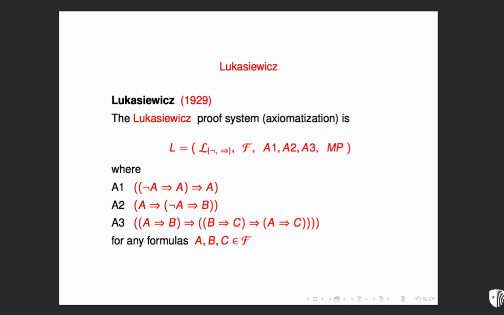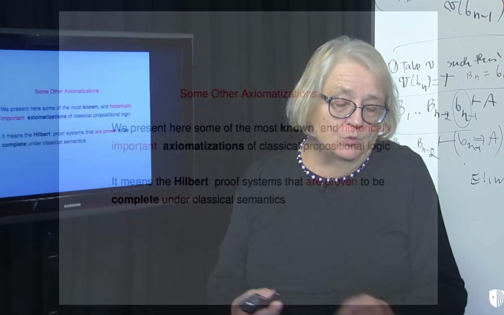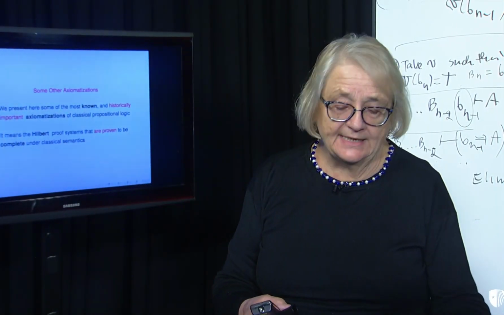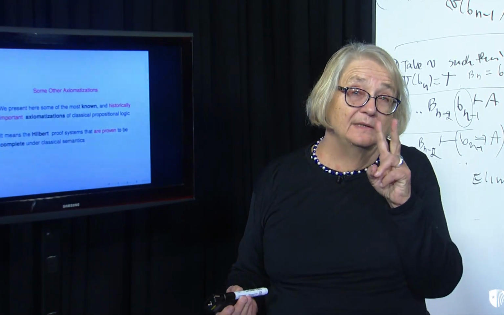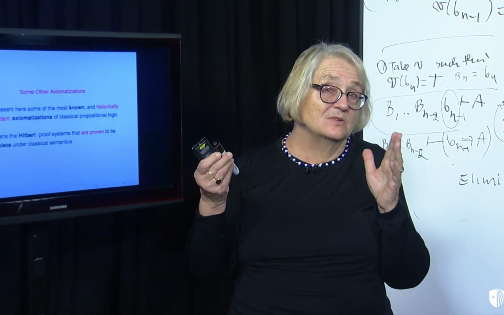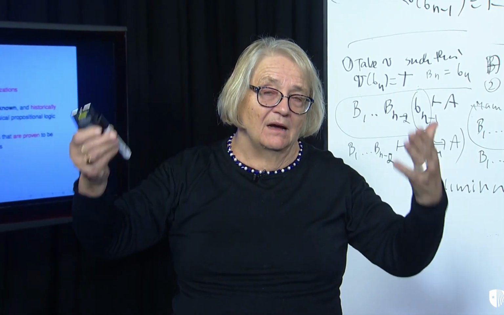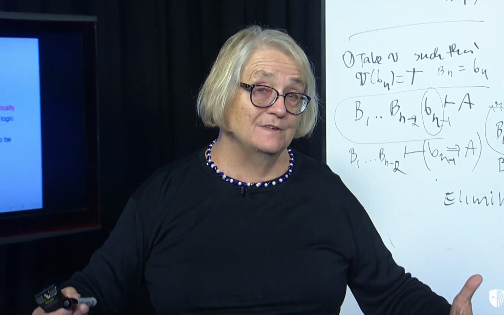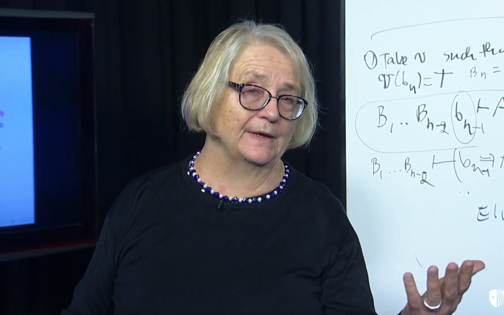Now, I want to end by mentioning some other axiomatizations, because we used that nice axiomatization. Why? Because when you have only two connectives, you have fewer axioms and fewer inductive cases in the proof to consider. If you add more connectives, you need more axioms for those connectives.